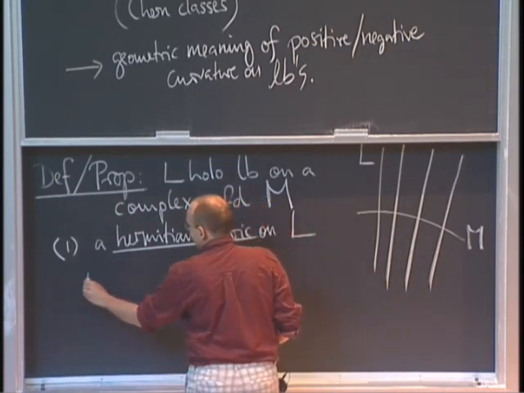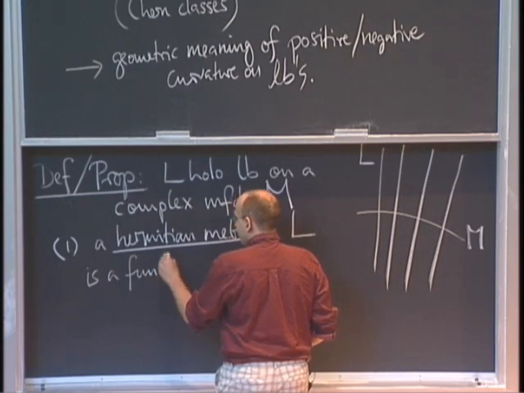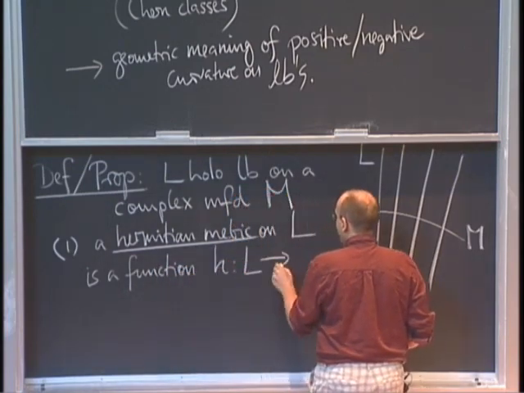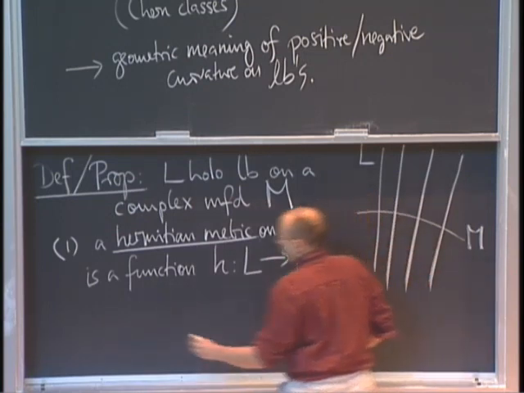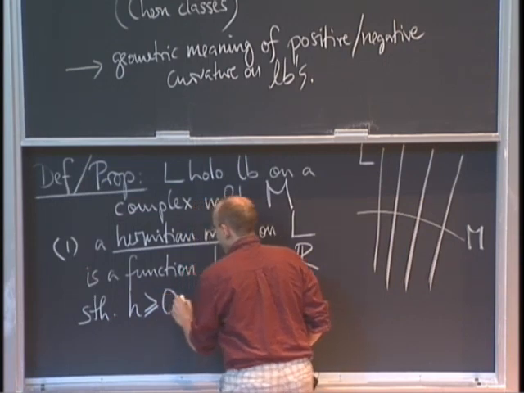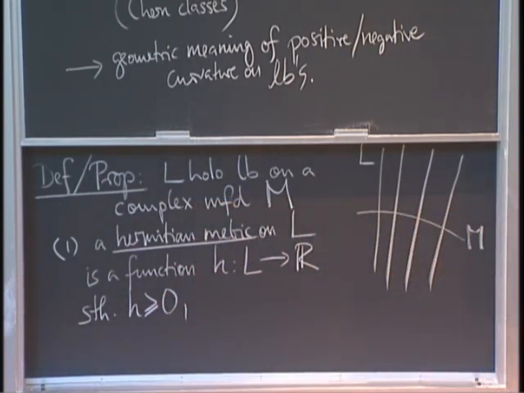As a function H on the total space of the line bundle, from the total space to R, such that H is non-negative. That's a metric property. I think of H as the norm squared along the fibers, like the radius squared along the fibers, so it's homogeneous of degree 2.